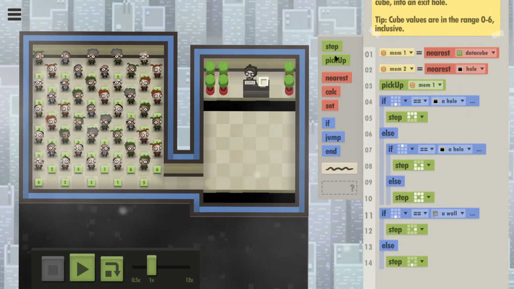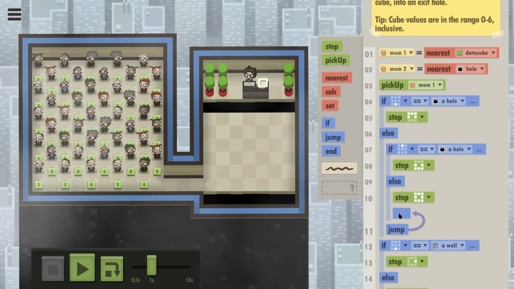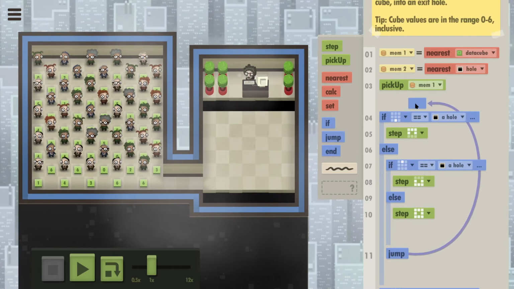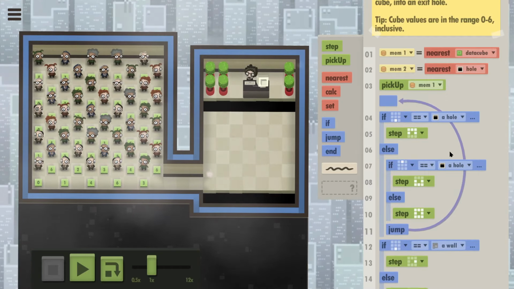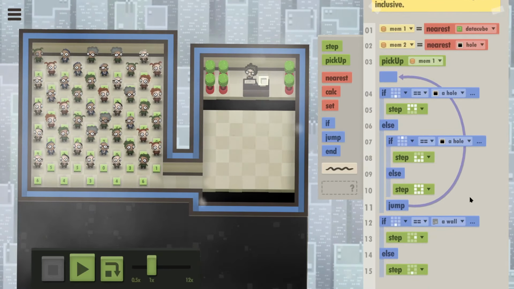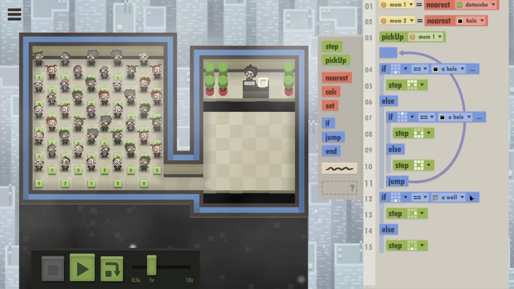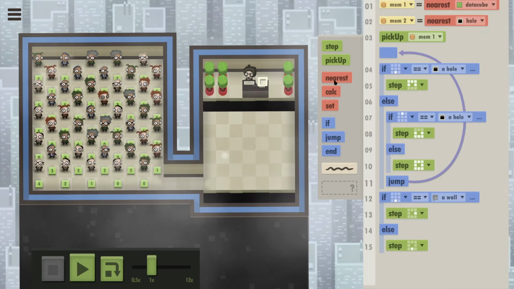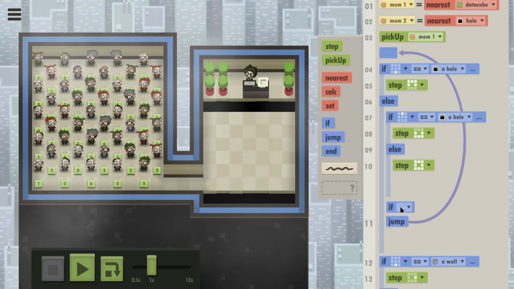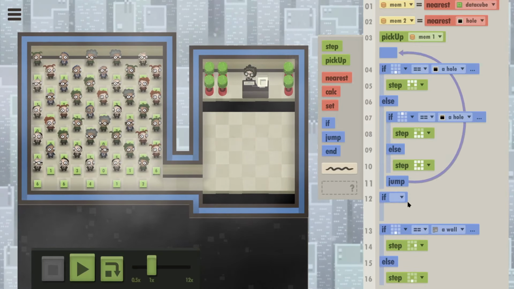Now, this here should jump to here. And put another if in here.